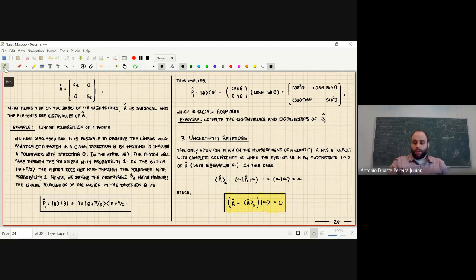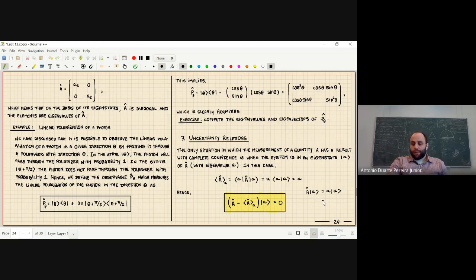But you see, I'm just saying that the expectation value in the state |a⟩ is simply the eigenvalue. So I can rewrite the eigenvalue equation, which is this one, A hat acting on |a⟩ is little a times the eigenstate |a⟩.